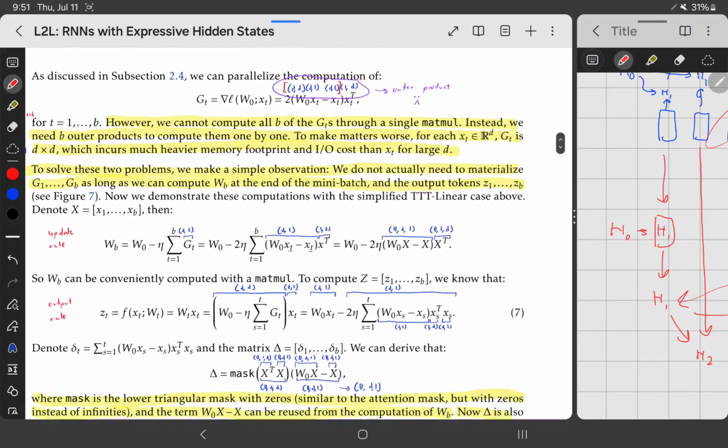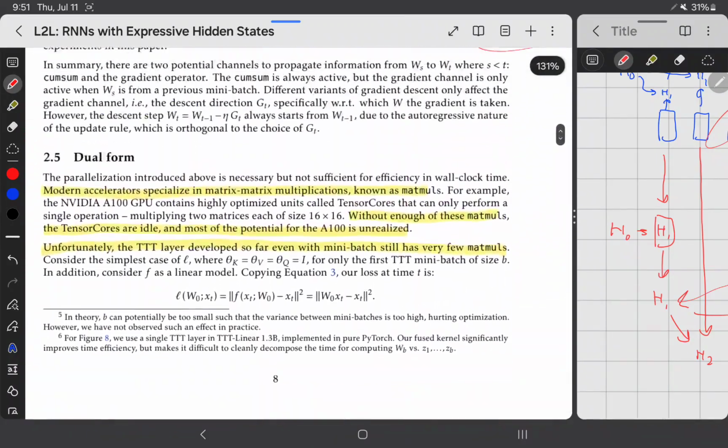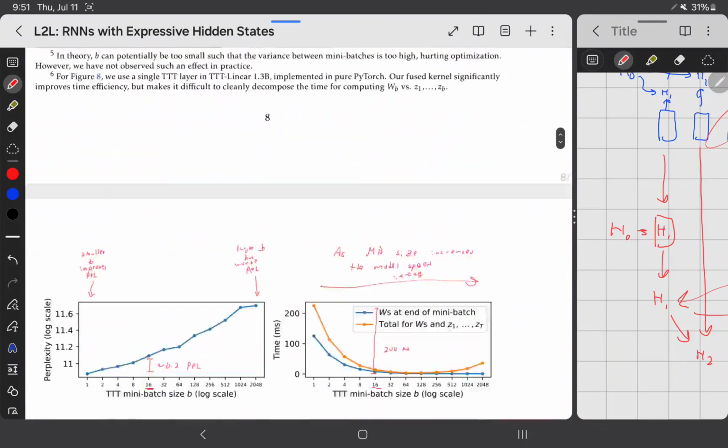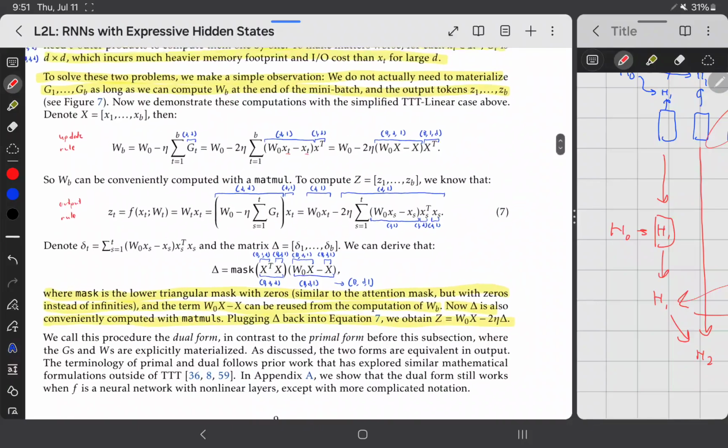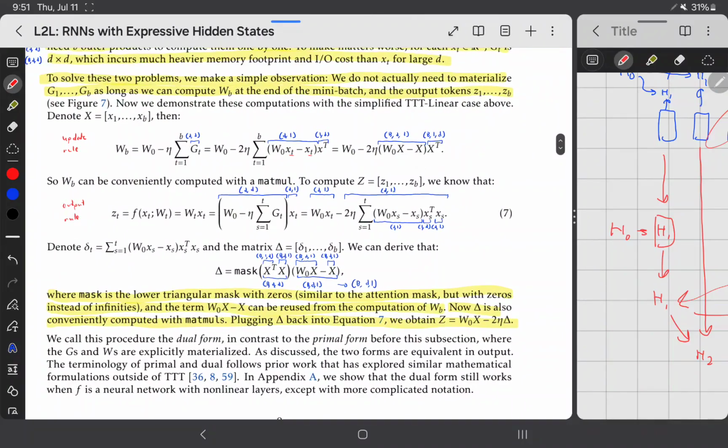Now, they mention down here that there's this dual form. Basically, it's just a way to compute things efficiently by reordering how you do the operations. And because you know what the gradient operator is beforehand, since it's an easy gradient to compute, you can just model the gradient as a function rather than doing backpropagation on it.